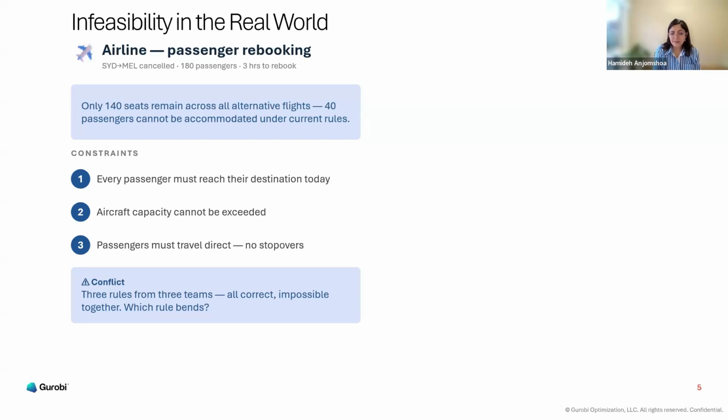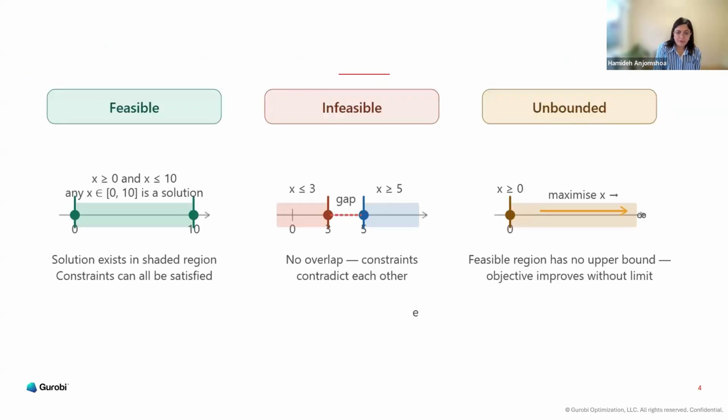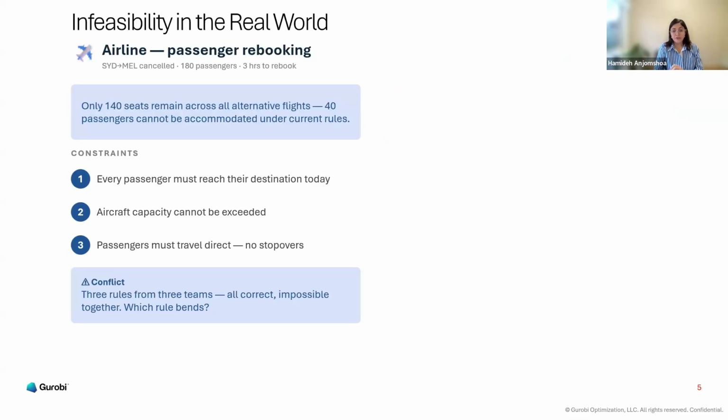And the third one is that passengers must travel direct, no stopovers. So these are the three rules. An IIS can help the planners say these three are contradicting each other. This is very helpful because it helps to see what they can navigate.